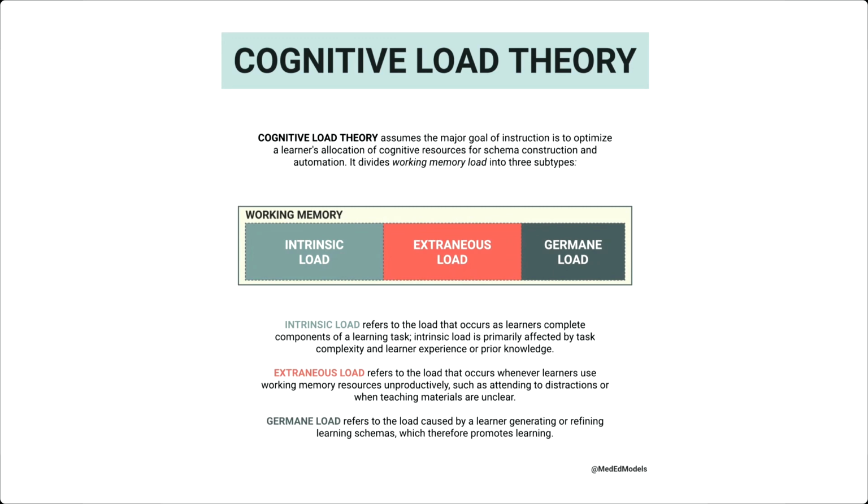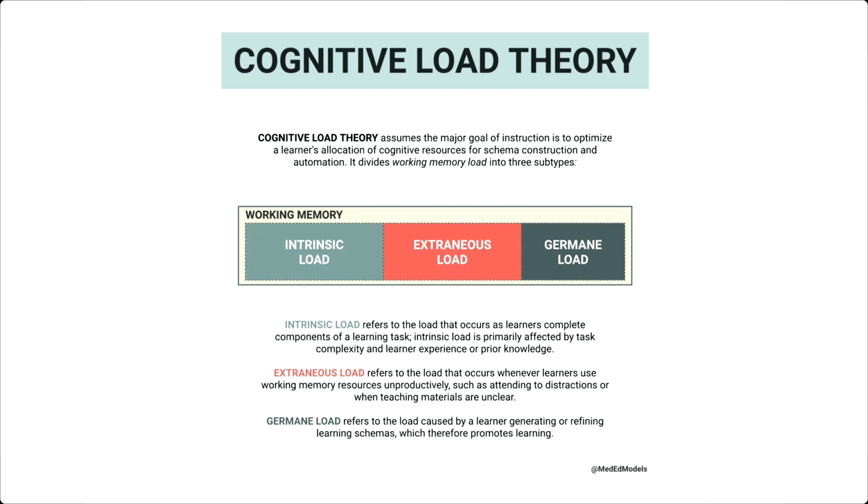So cognitive load theory basically says that we all have working memory, and this is the common, it can hold 7 plus or minus 2 pieces of information. We all have working memory, and that working memory is finite. And the working memory must accommodate 3 main things. First, the intrinsic difficulty of a task.